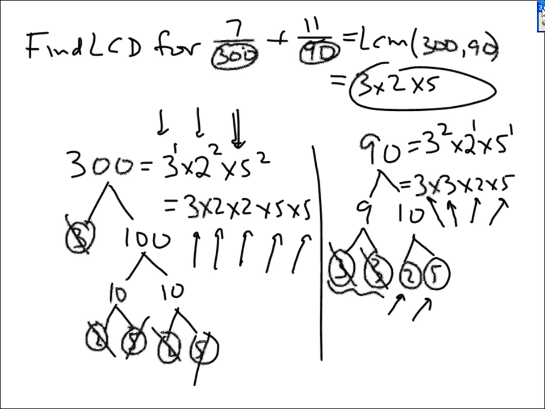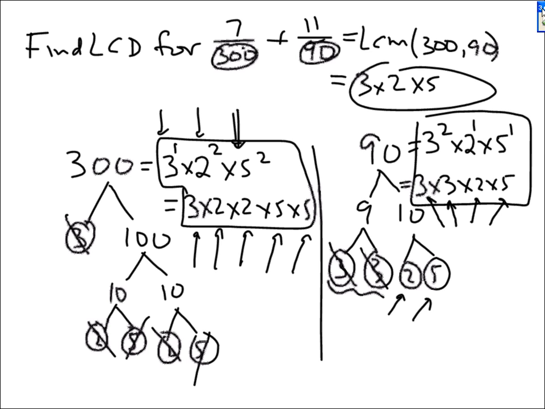Okay. Now, depending upon which one of those two you want to look at, between these two, you write down the highest power. 3, let's do it 2 times, using the powers. 900 for the 90. 300. I'll change it.